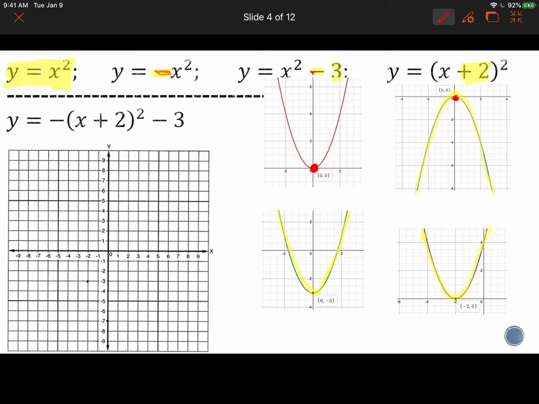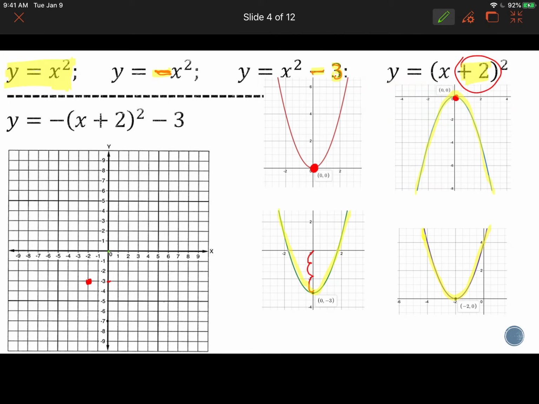However, when I subtracted 3, I moved down 3 units, being right about there on my graph. And this gave me a translation, or a horizontal shift left 2 units, bringing me to this point.